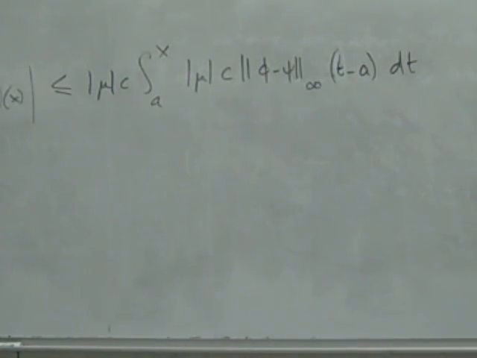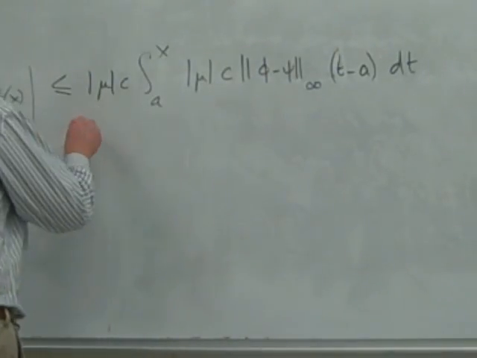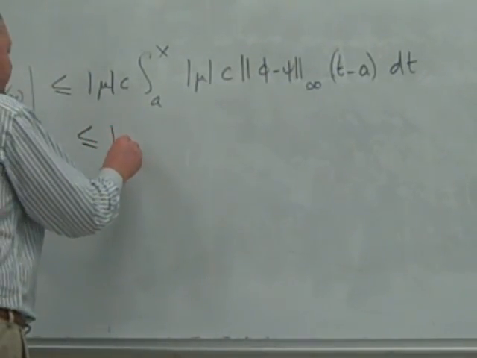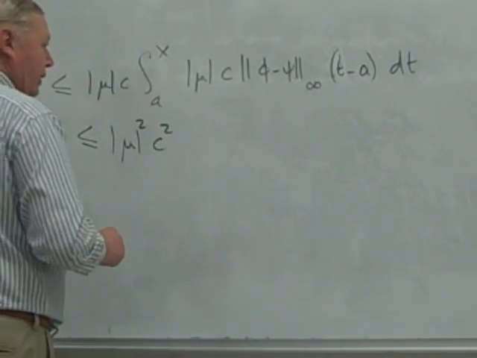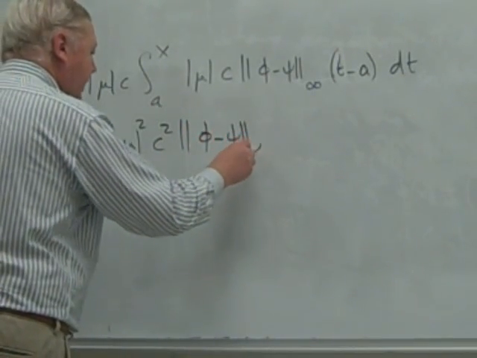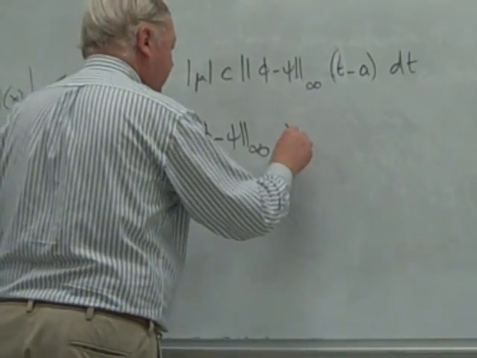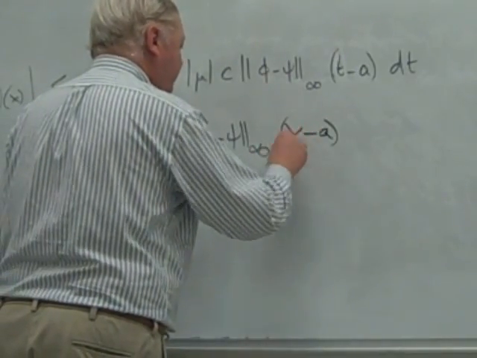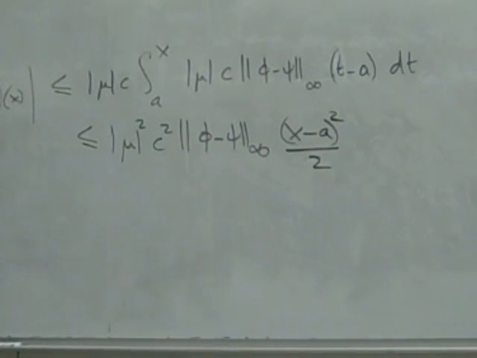So I have a bunch of constants there, and I'm just integrating t minus a dt from a to x. And so this is at most the absolute value of mu squared times c squared times the infinity norm of phi minus psi times x minus a squared over 2.